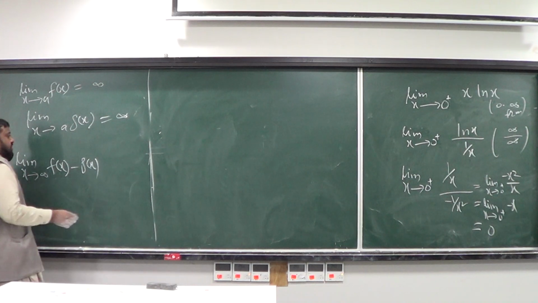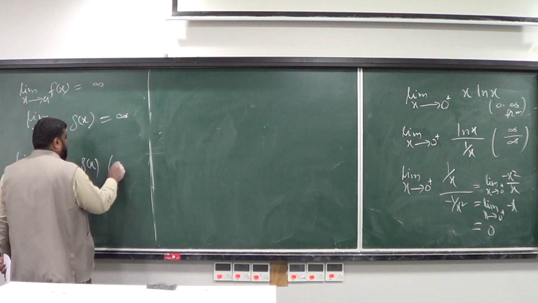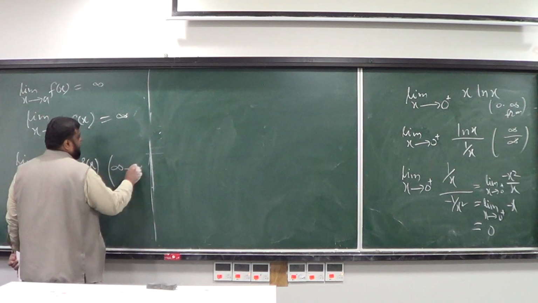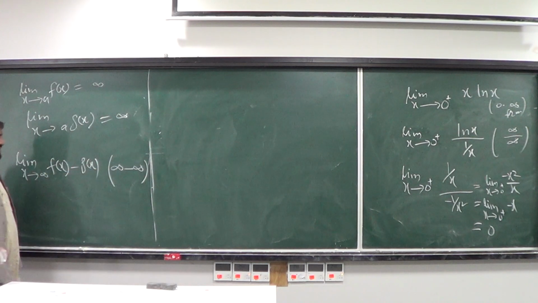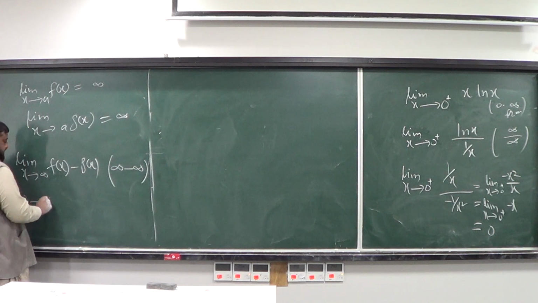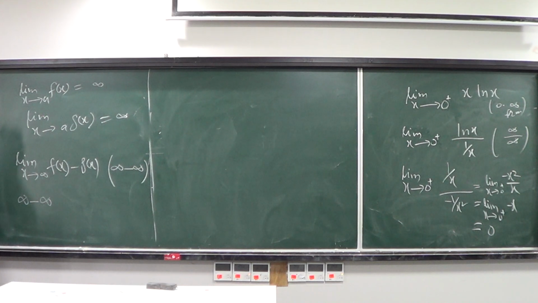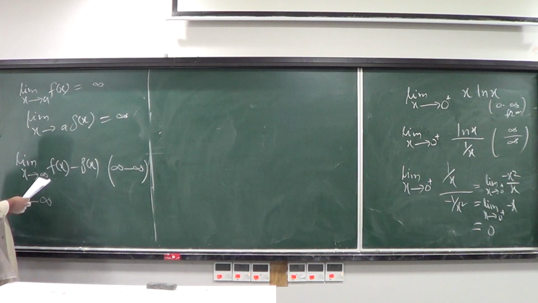Then what would be this form? This form would be infinity minus infinity. Infinity minus infinity is also an indeterminate form actually.